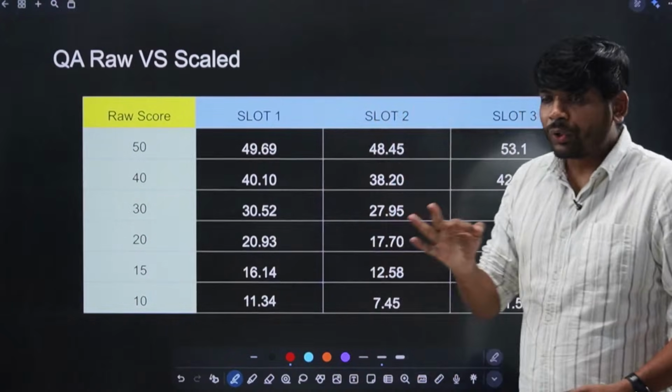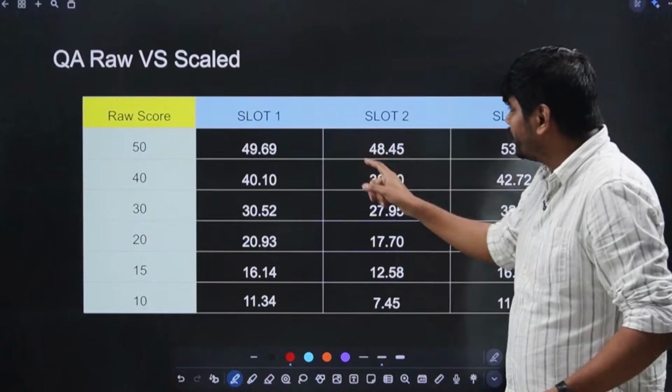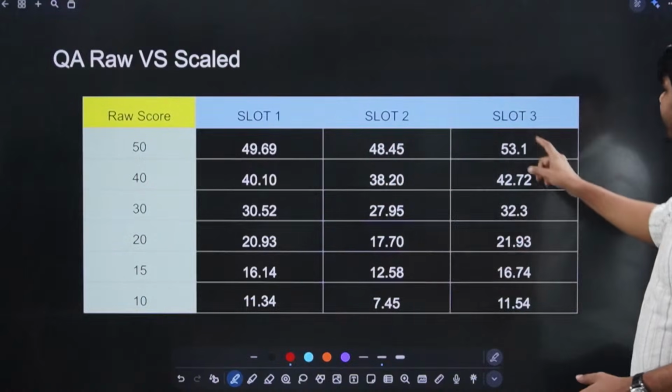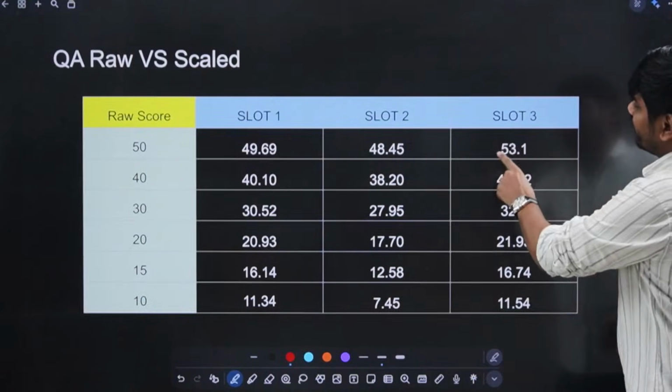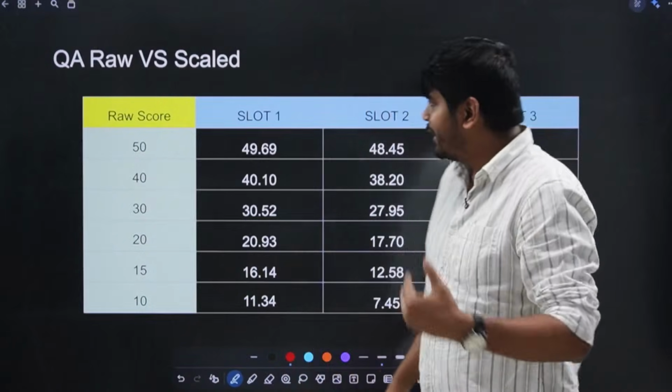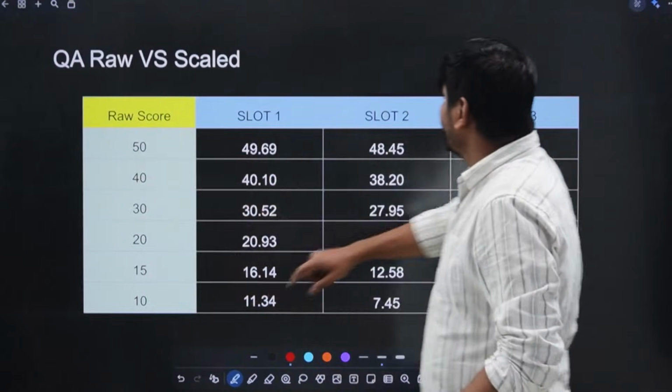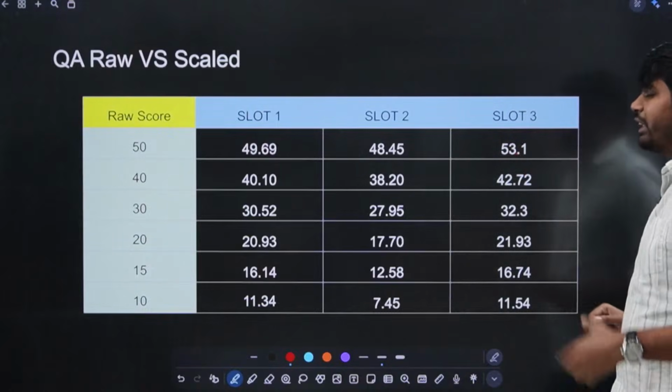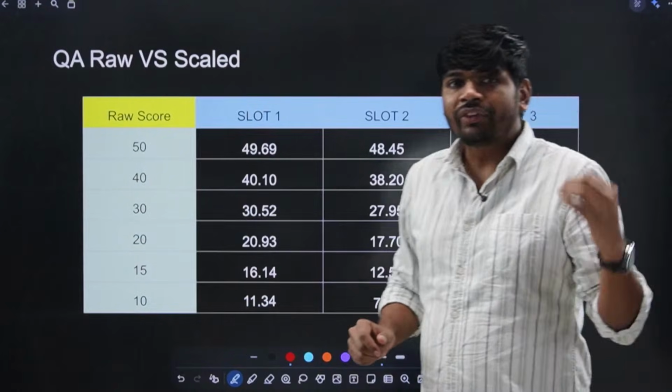Whereas if you are in slot 2, this scaling is more, and in slot 3 you are getting scaled up by 3 marks. So if you are somebody who has scored 50 marks in slot 3, your scaled score will be 53.1.